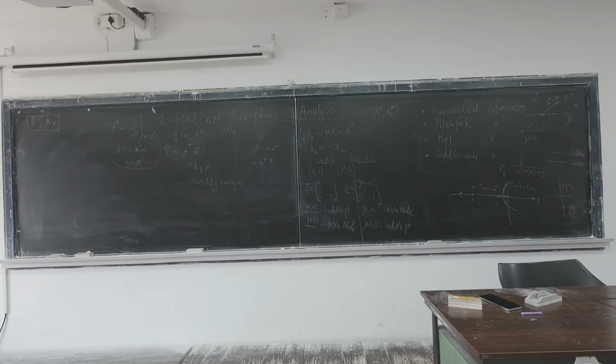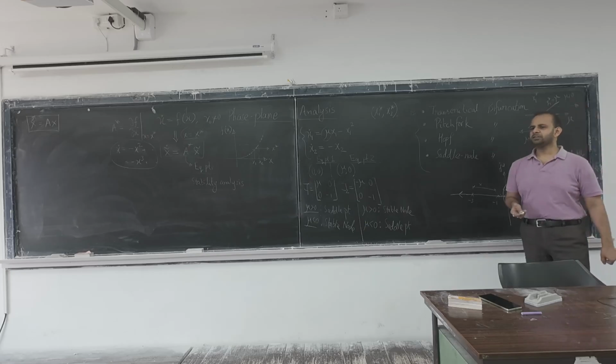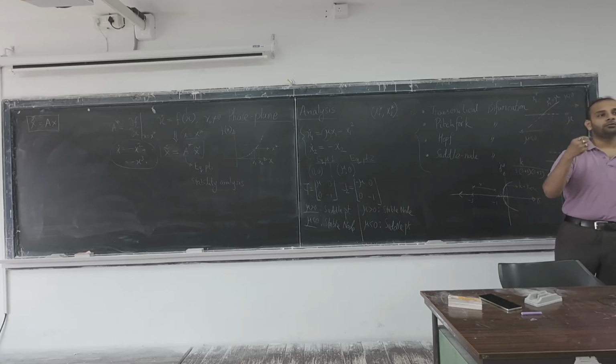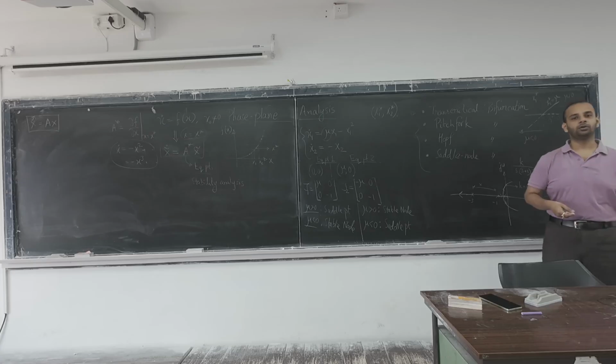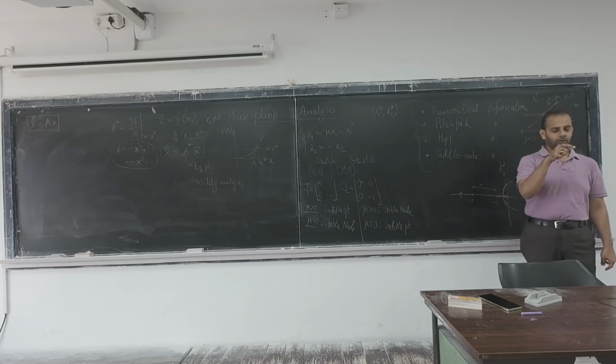Okay, is it fine? Because last day, Konika asked me, sir, if we have multiple equilibrium points, then what will be the situation? I then showed you, in Khalil's book or even in Slotine's book, the phase plane diagram of the simple pendulum. If you see, there 0, 0 is a stable focus.